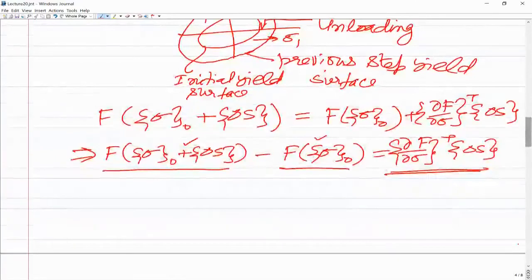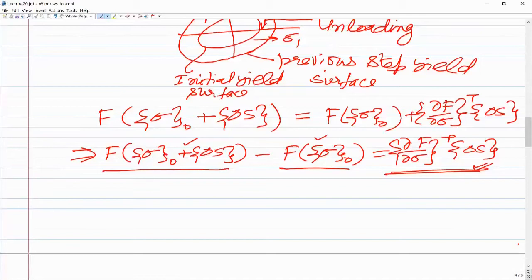We calculate del f by del sigma based on the stresses calculated in the previous step, and delta s, the elastic trial stress increment, has already been calculated. Then you check this product, and if it is greater than 0, then it is elastoplastic loading. And if del f by del sigma transpose into delta s is less than 0, then it is elastic unloading.